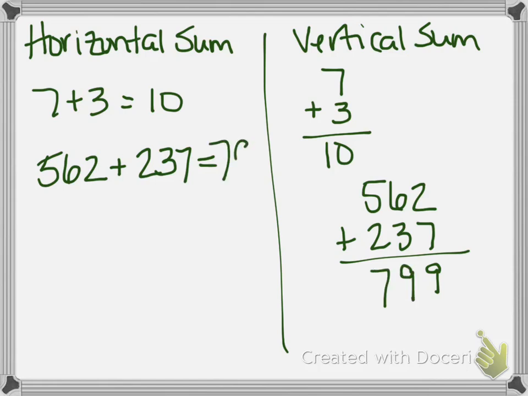And so this is 799. Now, of course, they equal the same thing, but vertical sum is a little bit easier. When we do the vertical sum, we line it up so that we have our ones column, our tens column, and our hundreds column. If I was adding a 4-digit and a 2-digit number, we would line everything up accordingly. It works the same way with polynomials.